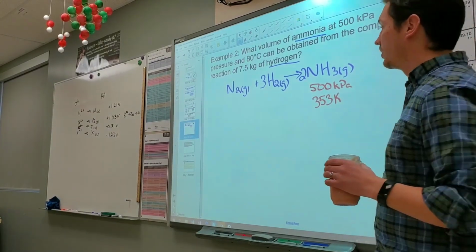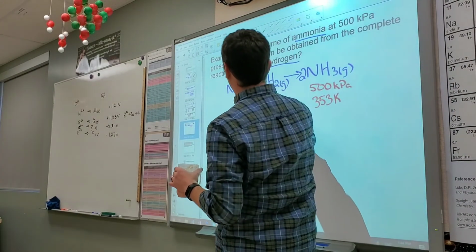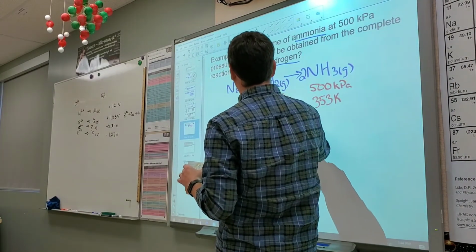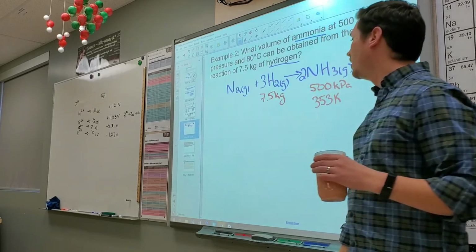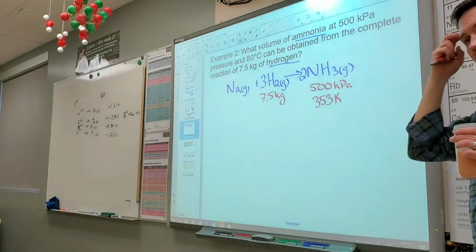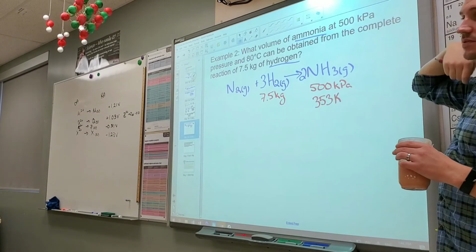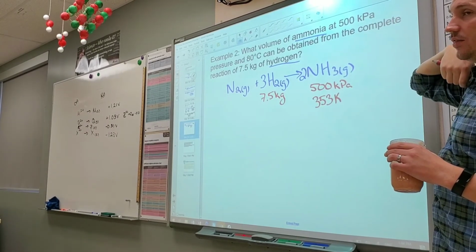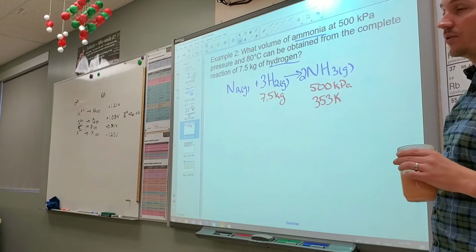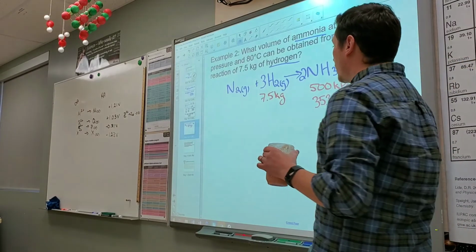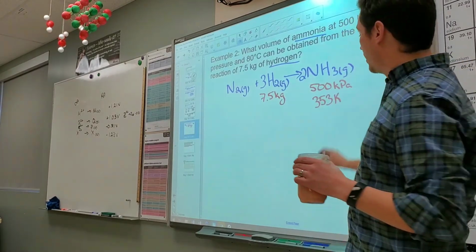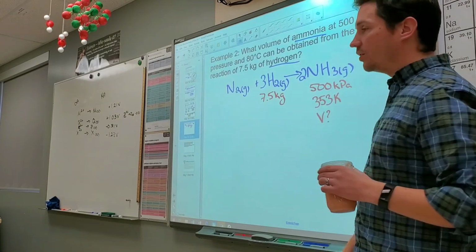Where's that going to go? What other piece of information is never going to be given to you in the question, but you should always write it down? The molar ratio. What's our molar ratio? Well, we're looking for volume, right?